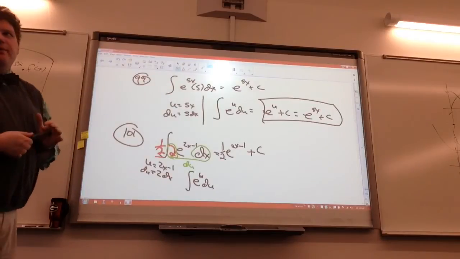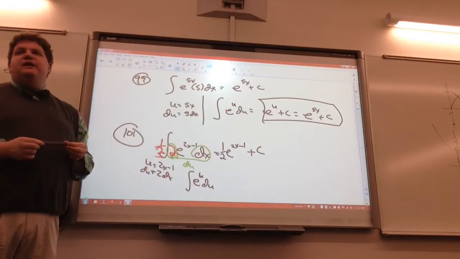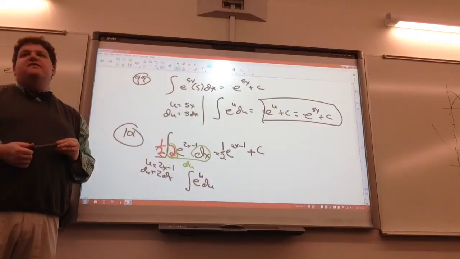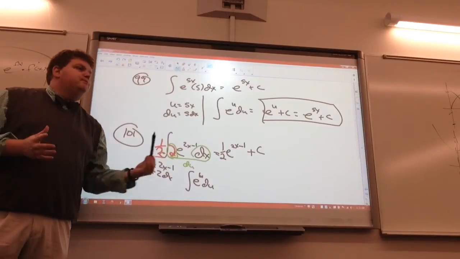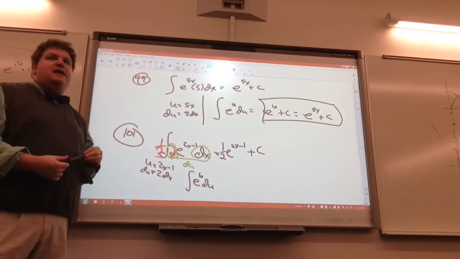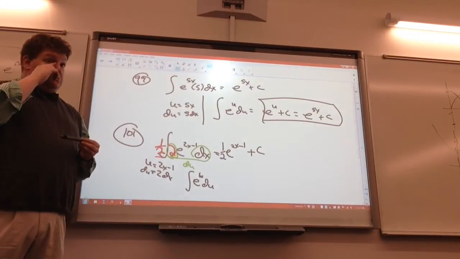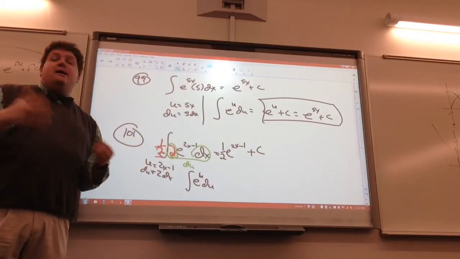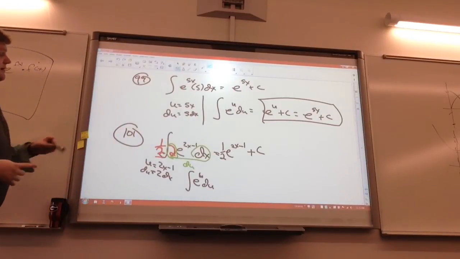With e to the x problems, if you just have a single e to the x in the problem, chances are the exponent is what you're picking to be u. Now, we'll do examples down the list where we pick something else to be u, but you get the general idea.